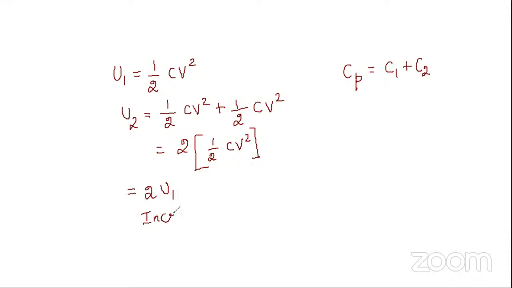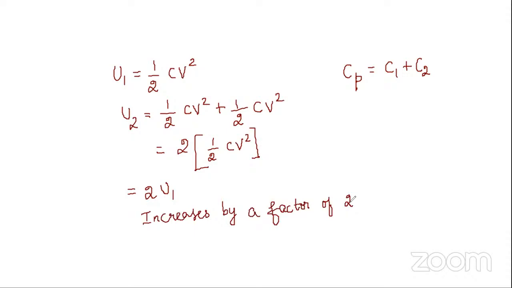As you can see here, since the battery is not connected, the potential energy increases by a factor of 2. In the previous problem, the battery was not disconnected, only the key position was changed, and the capacitors were connected in series in that scenario.